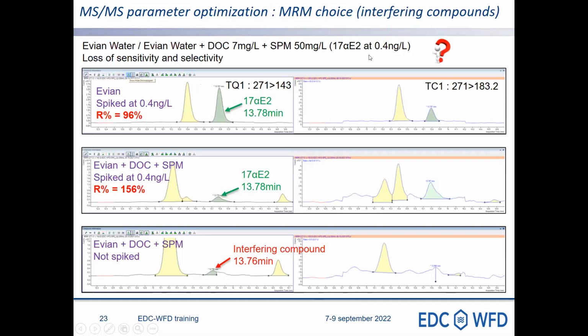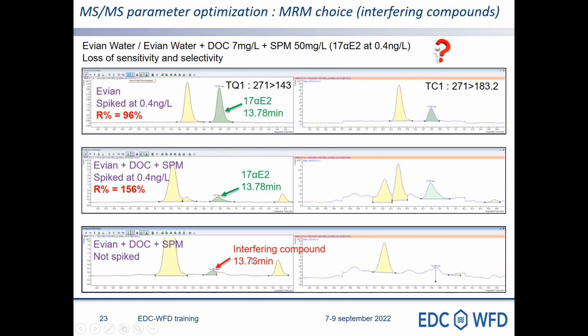Here you have the presentation of the importance of the choice of the transition. Here you have a chromatogram showing different transitions for the 17 alpha estradiol in different types of matrices. And here you see the importance of the selection of the transition of quantification.